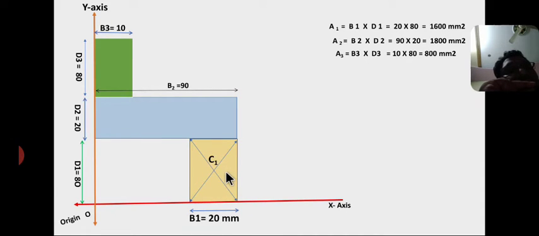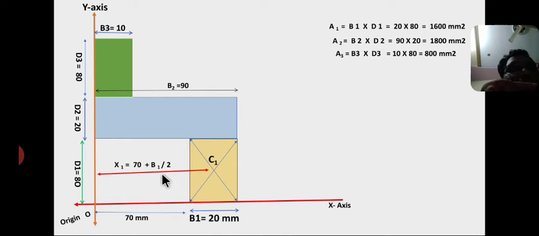C1 is the centroid of the bottom rectangle at a distance of x1. x1 equal to gap 70 mm plus base by 2. So from here to here the gap is 70 mm plus base by 2, that is 20 by 2. So 70 plus b1 by 2 is the x1 value. Now y1 equal to height of the rectangle by 2, that is d1 by 2, from the x-axis.